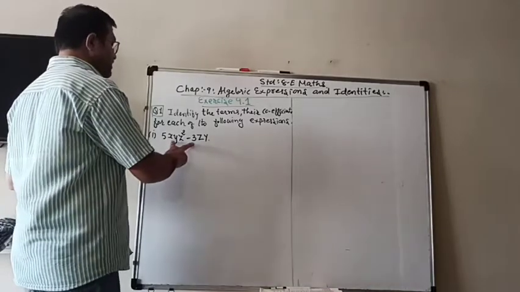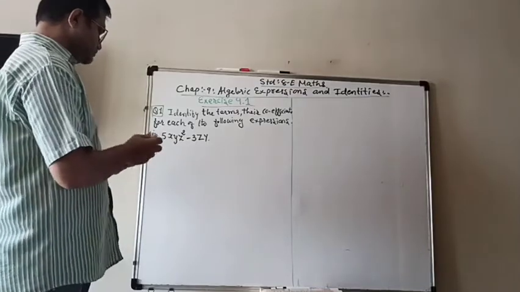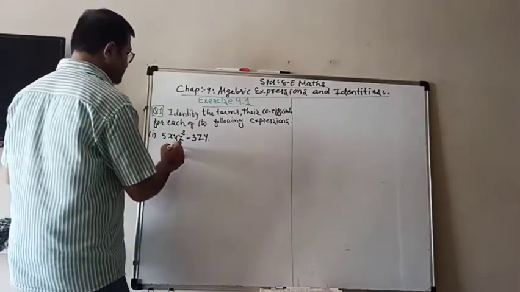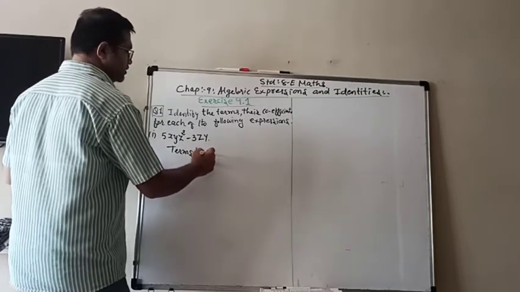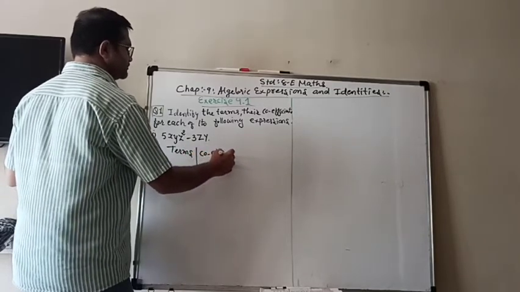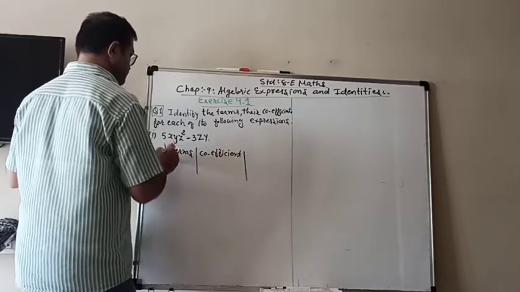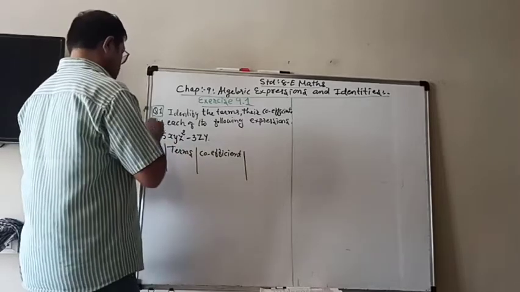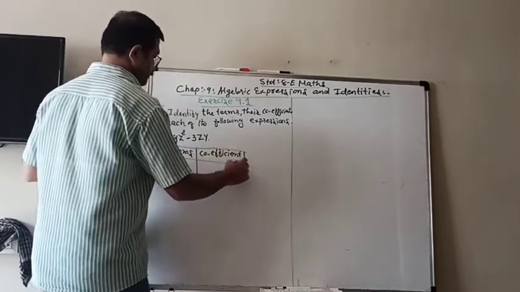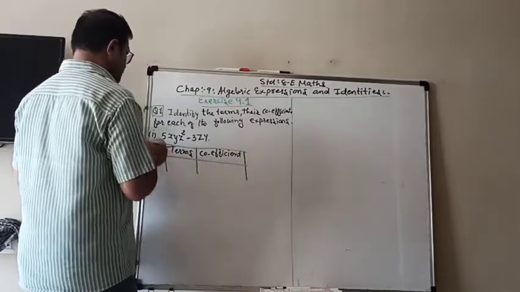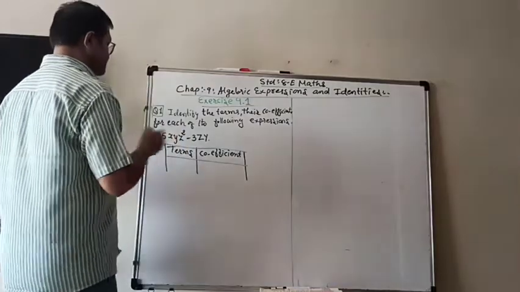So now obviously here there are two terms. So here we will write down terms and coefficient. So the first term is 5xyz square.